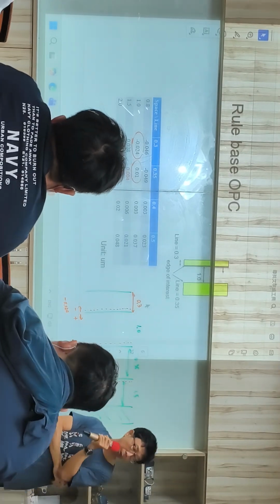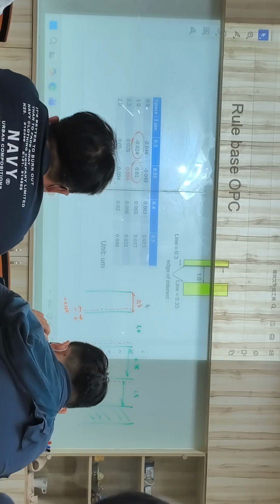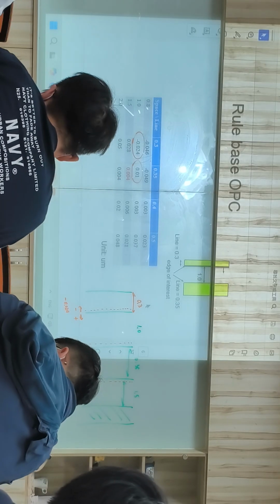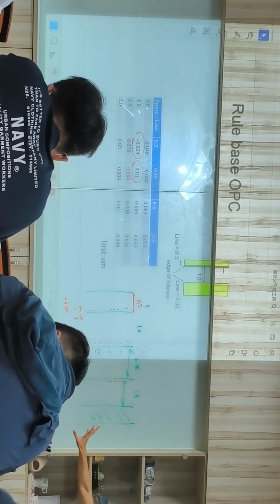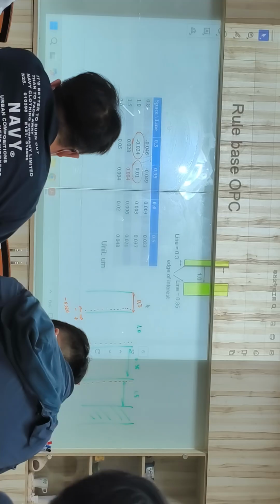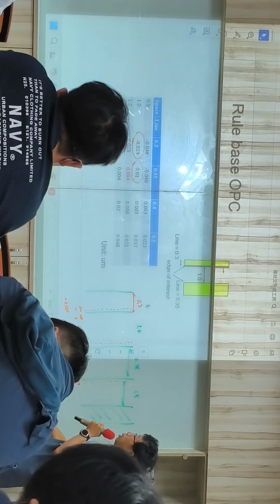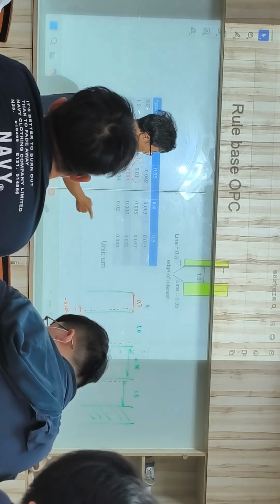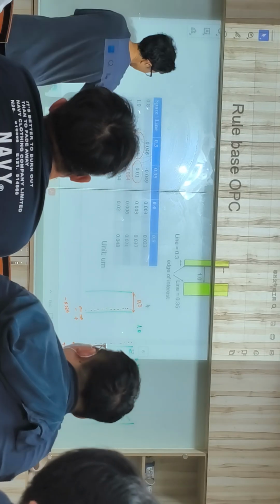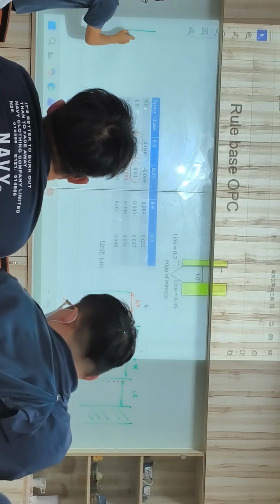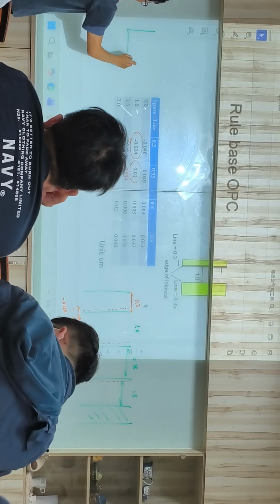Okay? So that's rule-based OPC. However, this one usually is okay for a 1D scenario. Okay, you can imagine we're talking about this one, and it was okay for a while, but what if your line is like this?